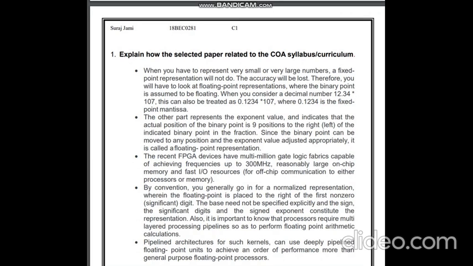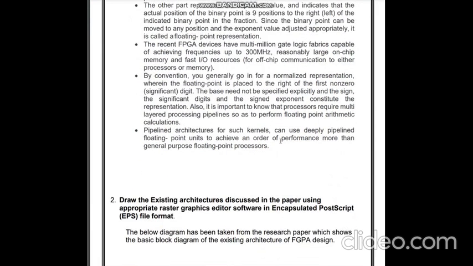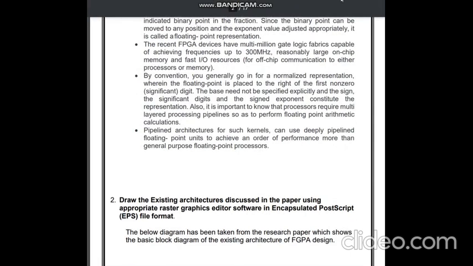The base need not be specified explicitly, and the sign, the significant digits, and the signed exponent constitute the representation. Also, processors require multi-layered processing pipelines to perform floating point arithmetic calculations. Pipeline architectures for such kernels can use deeply pipelined floating point units to achieve an order of magnitude more performance than general purpose floating point processors.